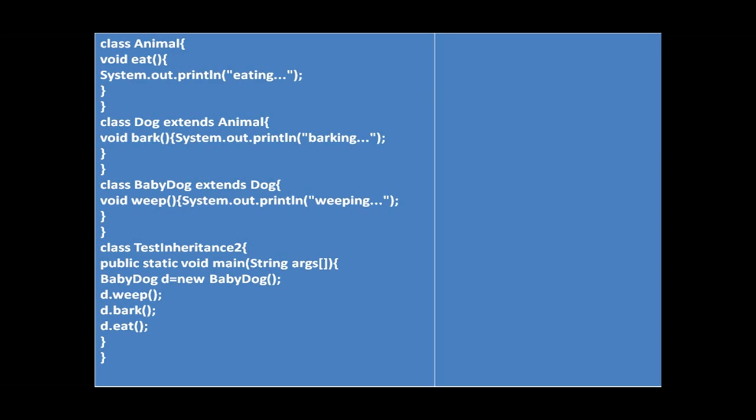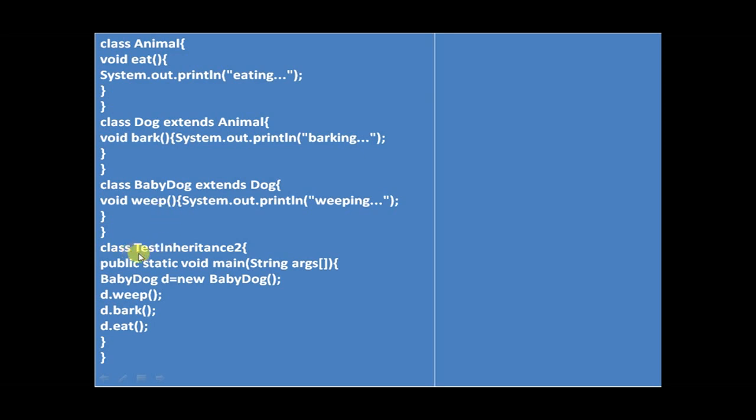But if you define another class, baby dog, which extends dog, the superclass for the baby dog class is the dog class and the superclass for the dog class is the animal class. So the baby dog class will have three methods: one is the eat method, second is the bark method, and third is its own method, the beep method.